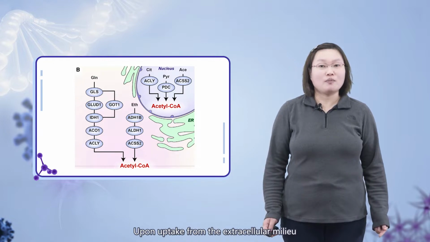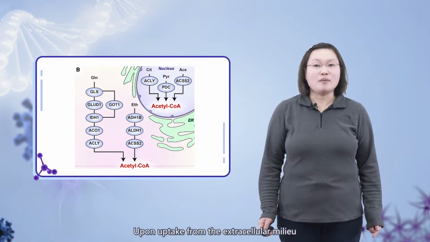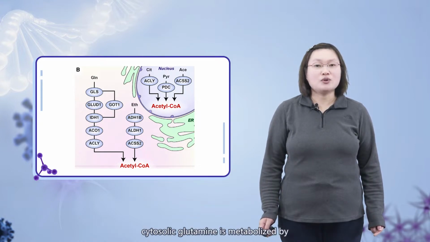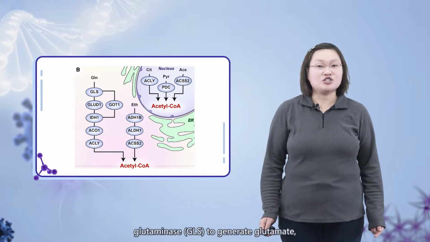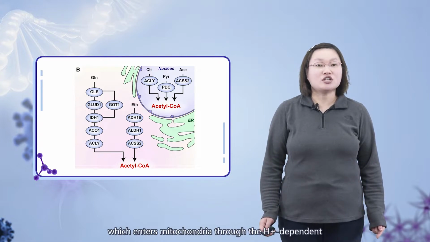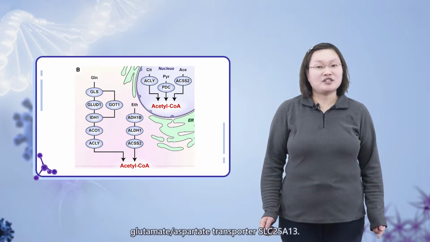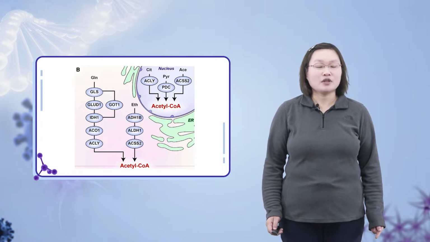Upon uptake from the extracellular milieu, which is mediated by various transporters depending on cell type, cytosolic glutamine is metabolized by glutaminase (GLS) to generate glutamate, which enters mitochondria through the glutamate aspartate transporter SLC25A13.